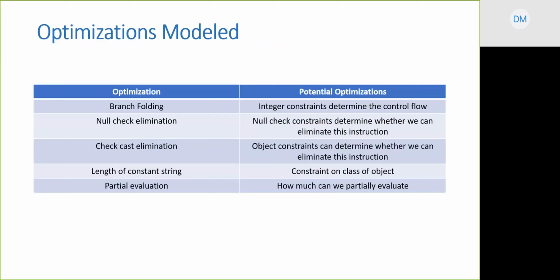So when you encounter the call, you build that the first time if you don't have it. Meanwhile, when you come back to the call site, you have a set of constraints for the arguments at the call site. So does the set of constraints that I have at the call site satisfy the constraints that I needed for the particular optimization? That allows you to filter the set of potential optimizations to a set that can actually happen based on the information that you have available, right?